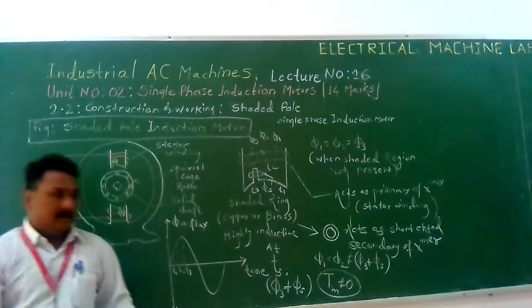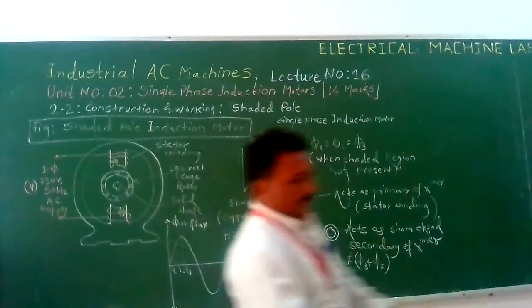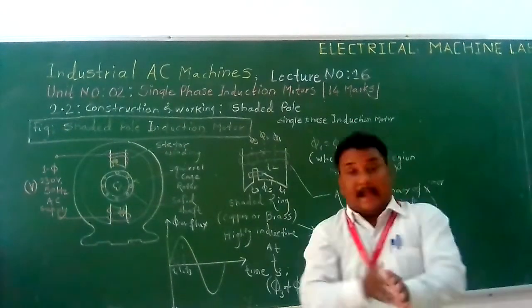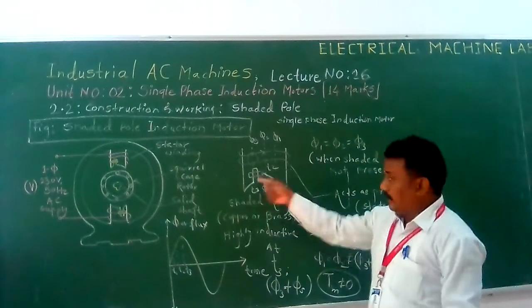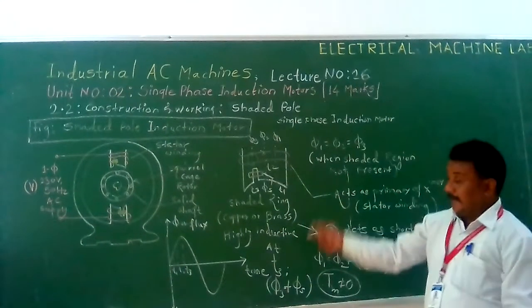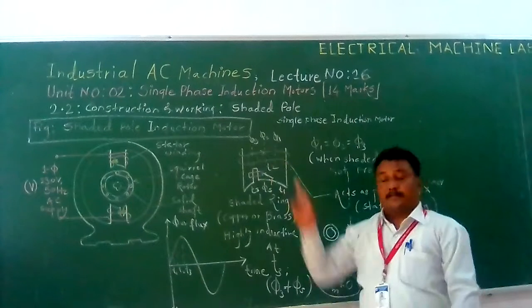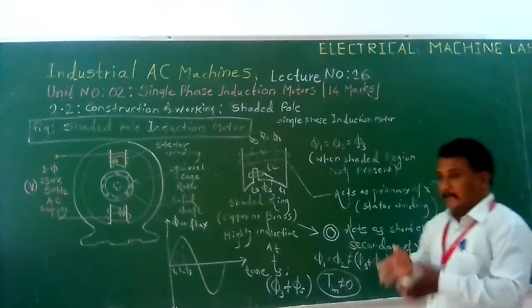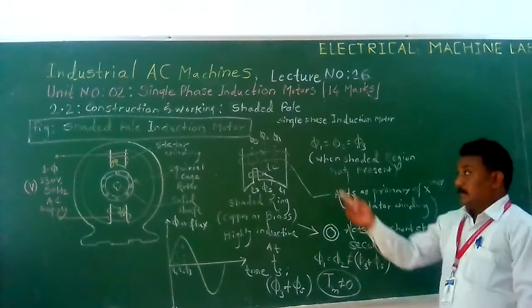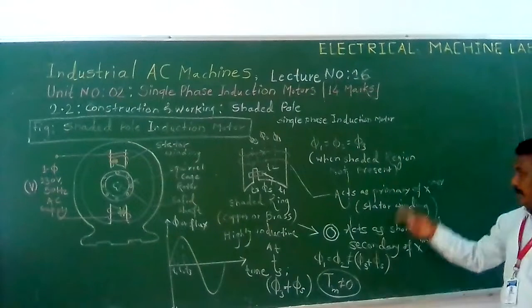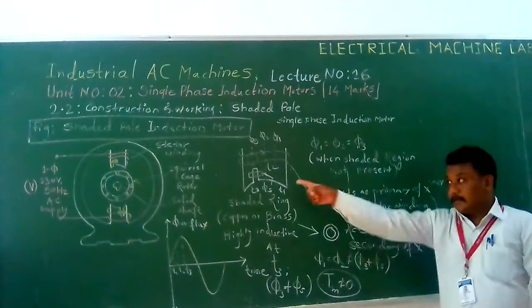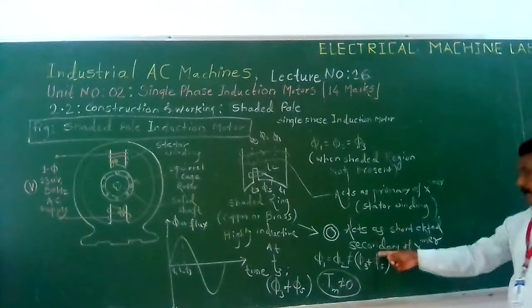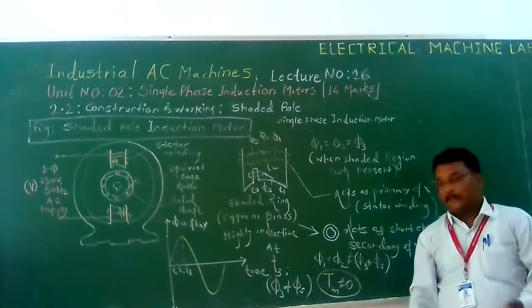Again I repeat that the supply cycle will be unbalanced, and it is unbalanced due to the shaded region, because at the shaded region, whenever current flows, the stator winding acts as the primary of a transformer, and the short circuited shaded ring acts as a short circuited secondary of a transformer.